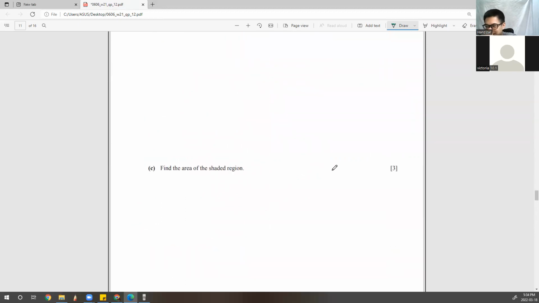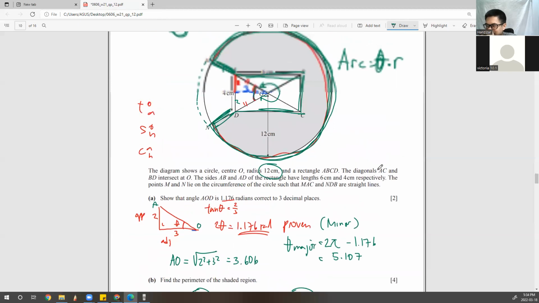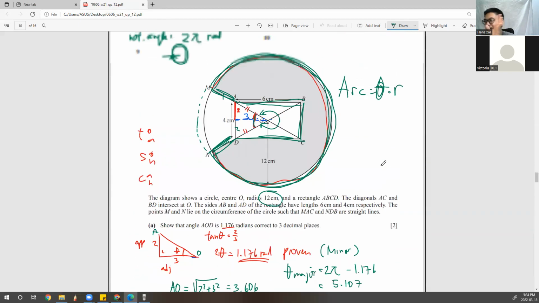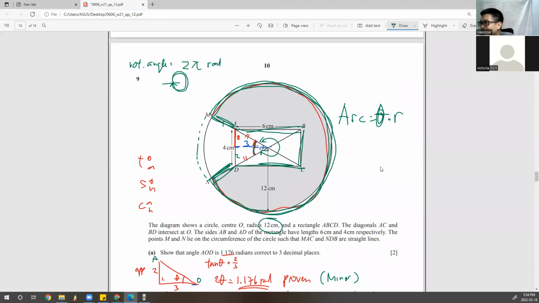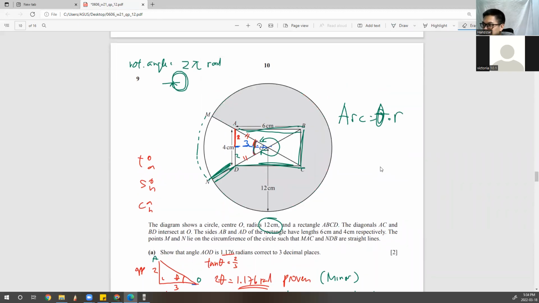Find the area of the shaded region. Okay, I think I need to erase everything about this. Area of the shaded region. Not hard. So this will be 1.176, because that's the important thing.